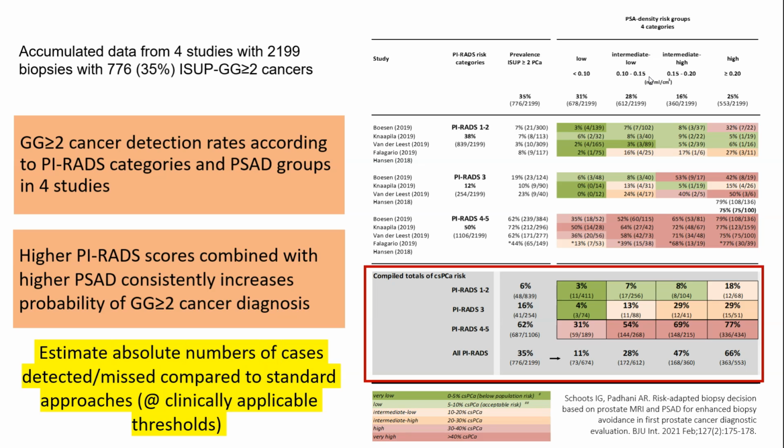Well, if you combine the data together, you end up with this matrix table showing you the PI-RADS scores here and the PSA densities over here, and within each of these squares we can estimate the number of patients within each square that would have clinically significant cancers.